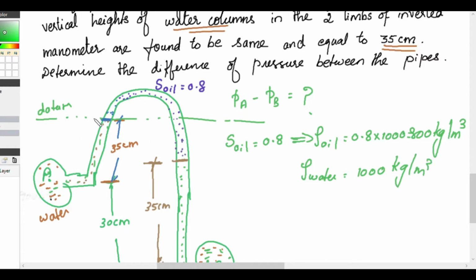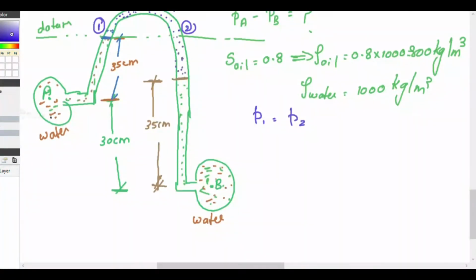Now, taking this as datum, the pressure at 1 will be equal to the pressure at 2. So what is the pressure at 1?